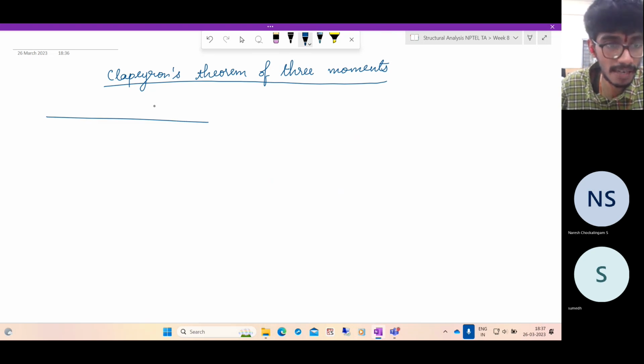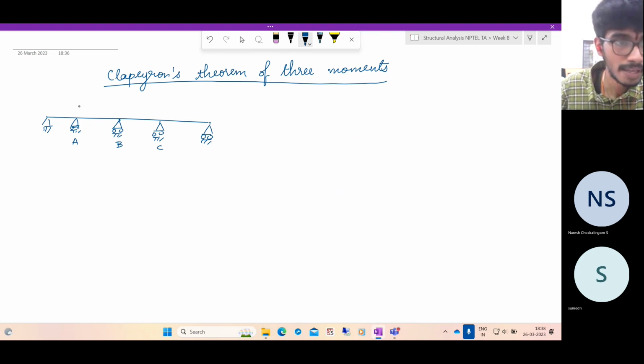So suppose we have a multi-span continuous beam like this. So if you had seen the first lecture of this week by Sir, he would have derived the theorem of three moments from the method of consistent deformations by considering an intermediate span A, B, C.